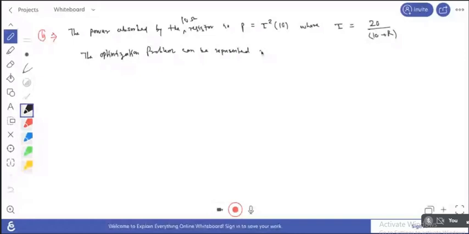So this becomes 400, that is 4000 upon (10 plus r) square. This has the minus sign, and subject to the condition.